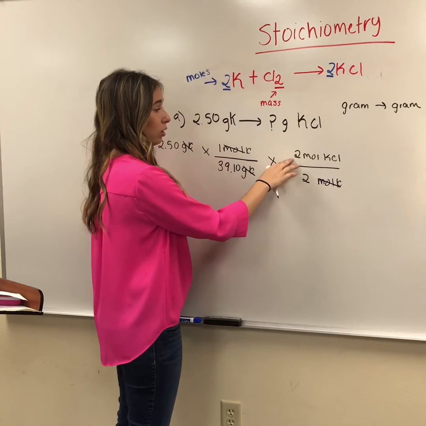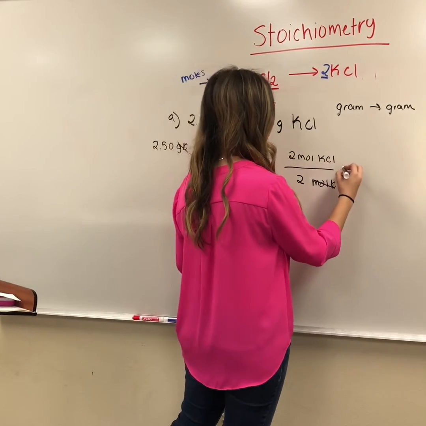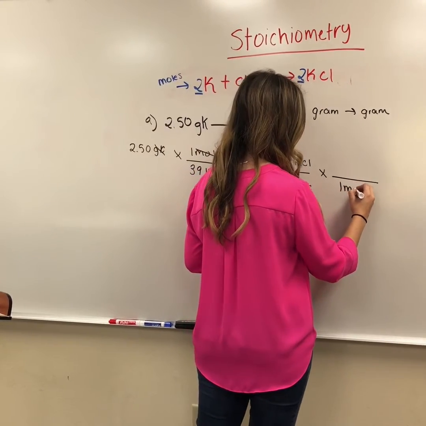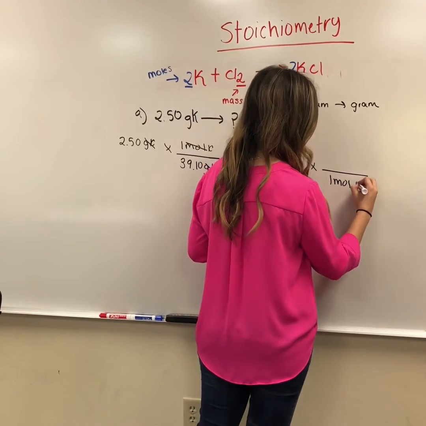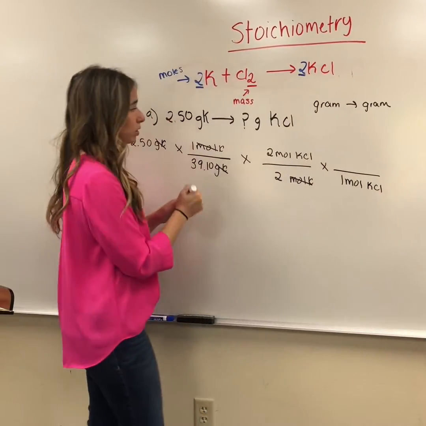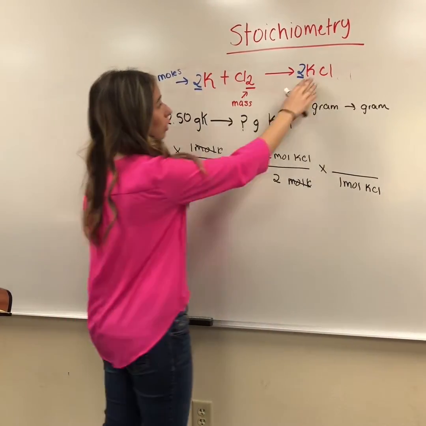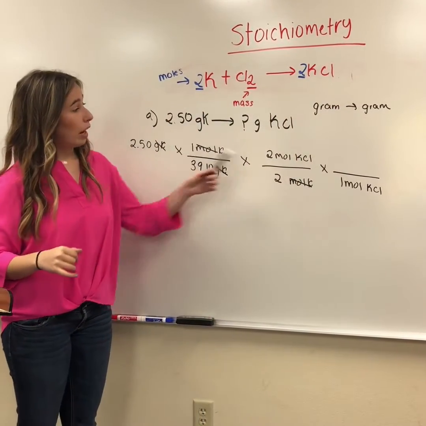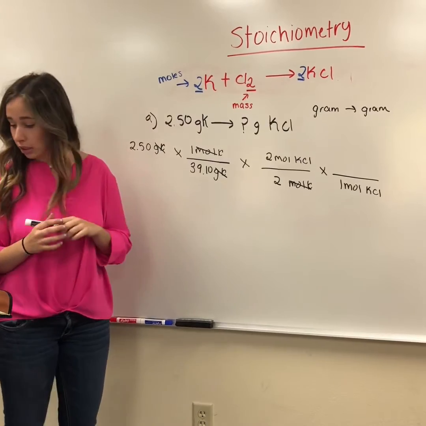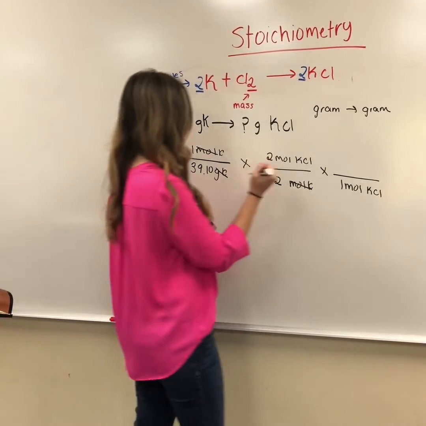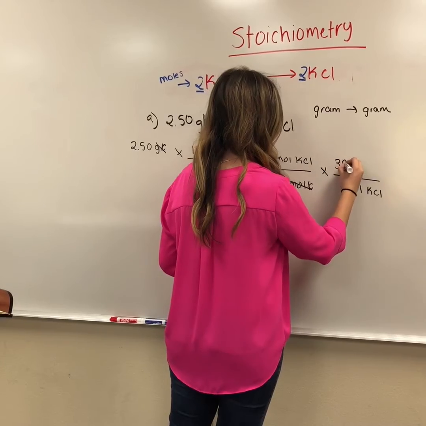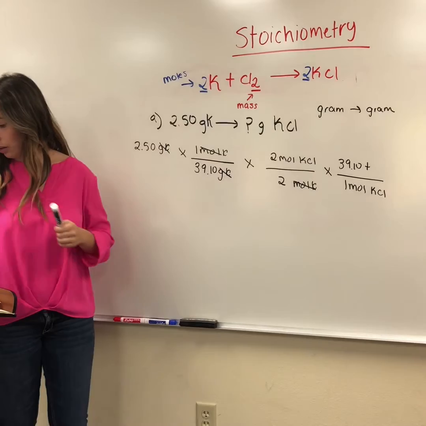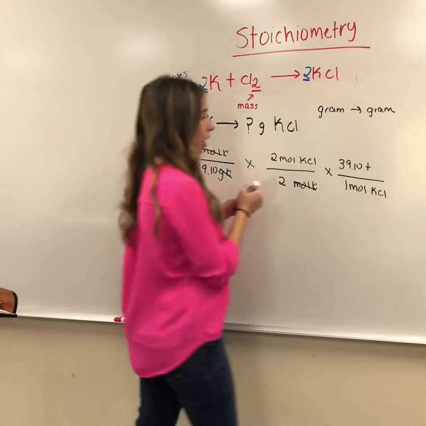So now I have to find the grams of potassium chloride. So for every 1 mole of potassium chloride, I look here, I don't have anything at the end, so I know it's just 1. So I have to look at the mass for potassium, which I found over here, 39.10, plus chlorine. So chlorine is 35.45.